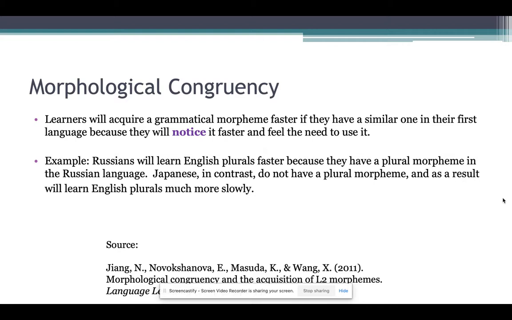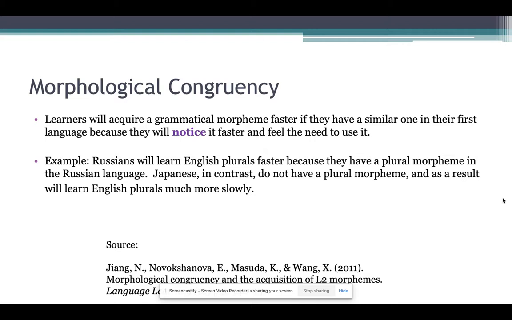So, Russians, for example, will learn English plurals faster because they have a similar plural morpheme in the Russian language. And as a result, they feel the need to have a plural morpheme when they're using English. So they look for it, notice it, pay attention to it, and make more effort to use it. Japanese, in contrast, does not have a plural morpheme.